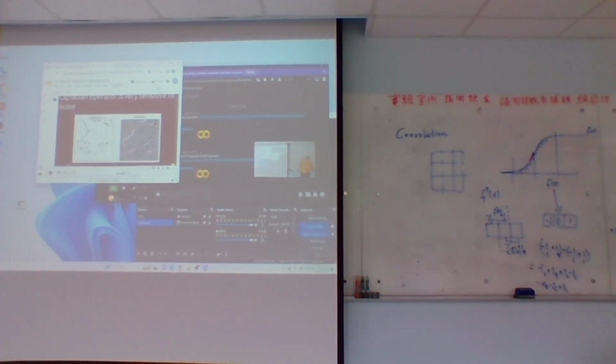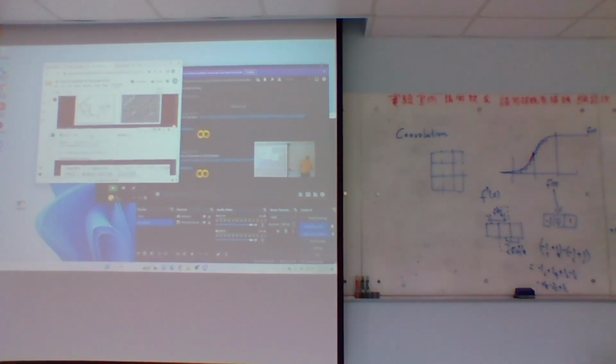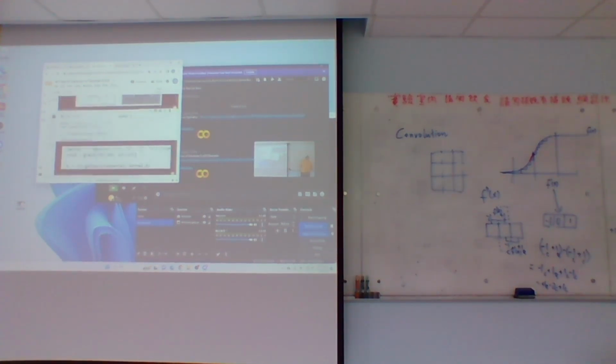Basically has edges everywhere. Like the whole area is white. Only because I added this noise. Very tiny amount of noise.